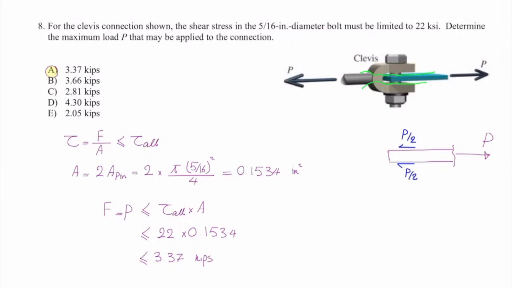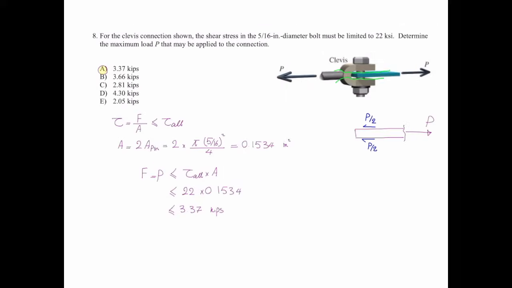Here you don't see 2P. Remember, the force acting on the right side is actually canceling what the force acting on the left side. So one is action, another one is reaction. Okay. Free body diagram is very important, and that's why statics is a prereq of mechanics of materials.